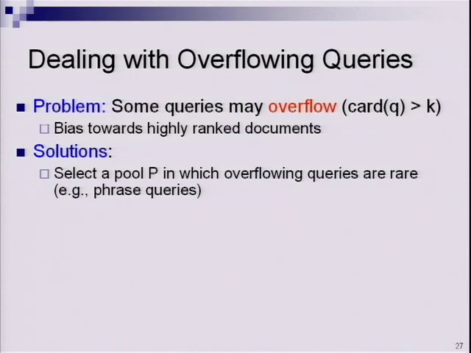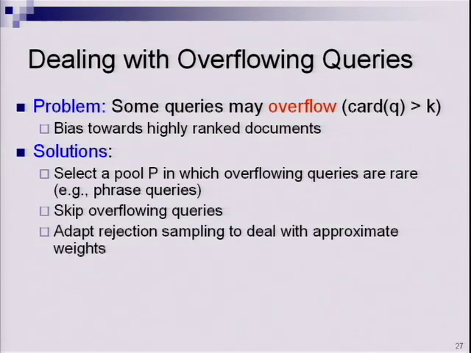In our experiment, we took phrases of length 5, which rarely overflow. OK, but you still have overflowing queries. You cannot eliminate that at all. What happens if you happen to choose an overflowing query? So we just skip it. We toss it away. We don't use it at all. That creates some problems in our analysis. Okay?